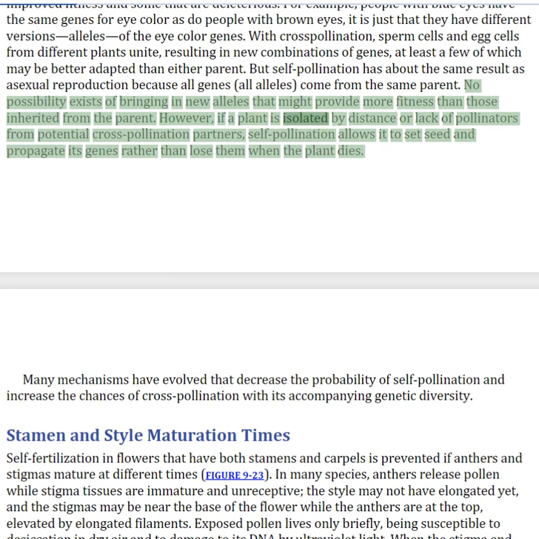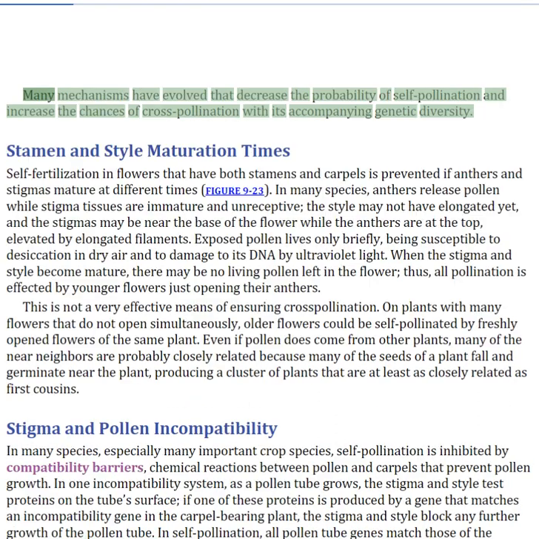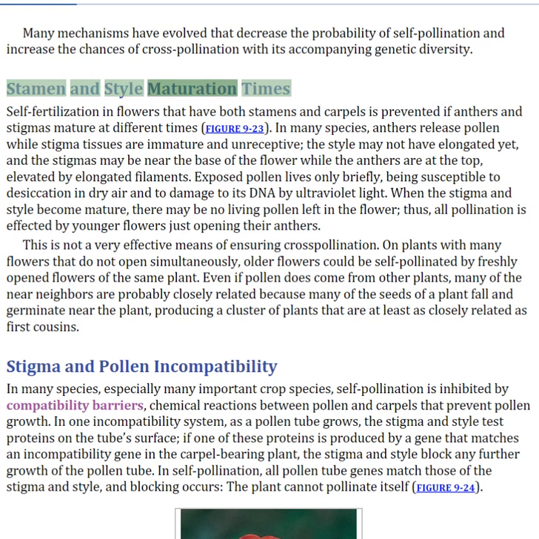However, if a plant is isolated by distance or lack of pollinators from potential cross-pollination partners, self-pollination allows it to set seed and propagate its genes rather than lose them when the plant dies. Many mechanisms have evolved that decrease the probability of self-pollination and increase the chances of cross-pollination with its accompanying genetic diversity. Stamen and style maturation times.